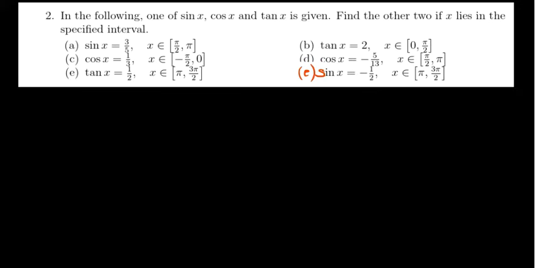Okay, so in the following, one of sine x, cosine x, tan x is given, and we need to find the other two if x lies in the specified interval. I believe you know identities already, so it shouldn't be a struggle for you to understand these.